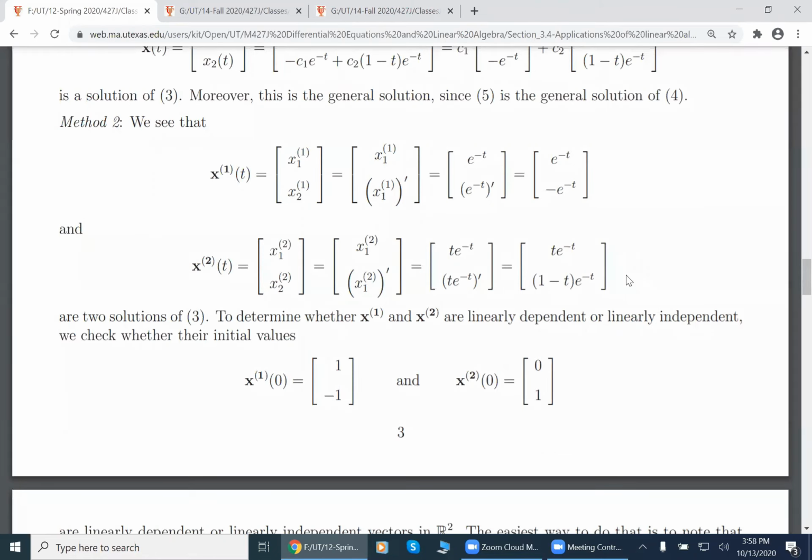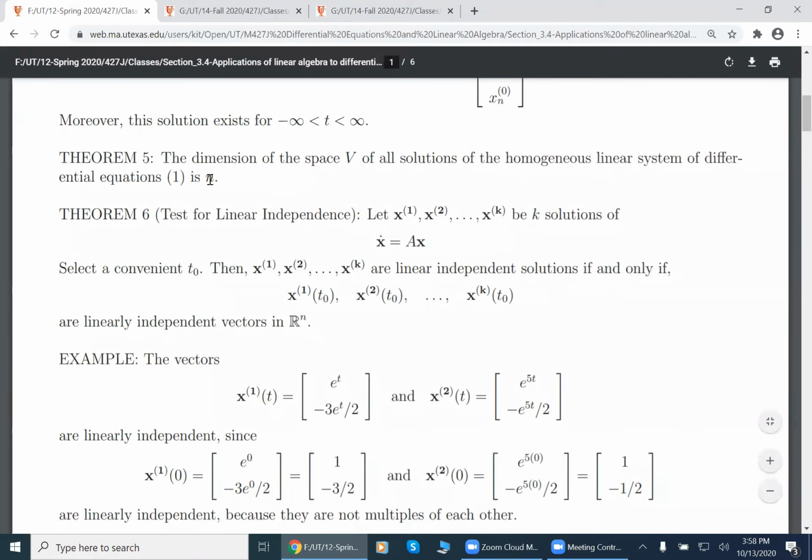So what role does theorem 5 play in method 2? Theorem 5 tells us that since our system is a 2 by 2 system, in order to create its general solution, we need only 2 particular linearly independent solutions.